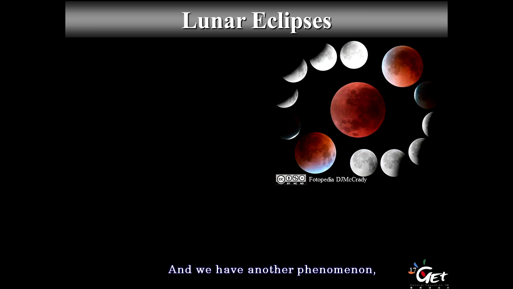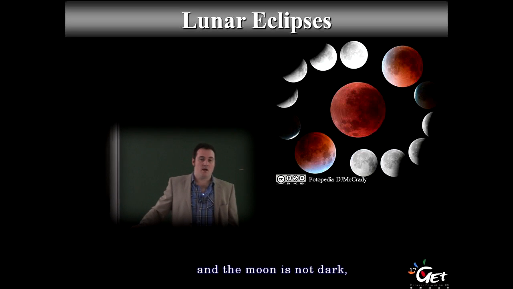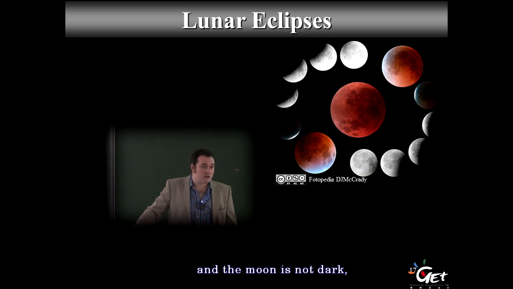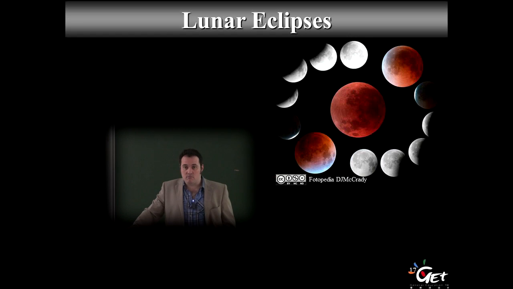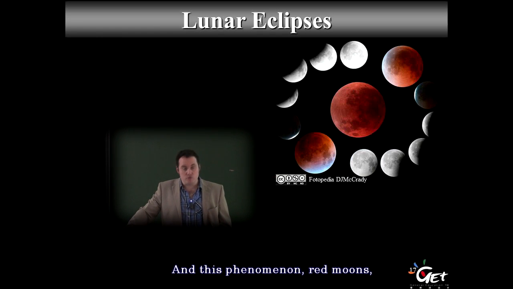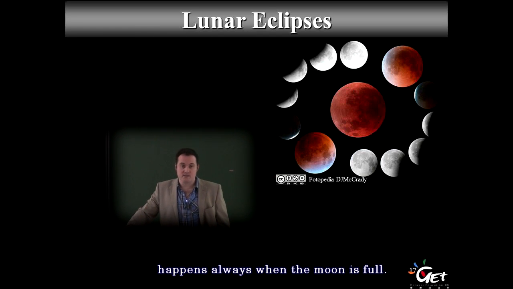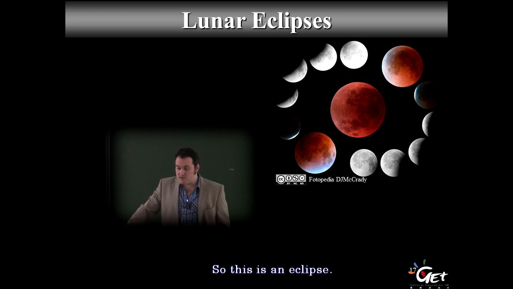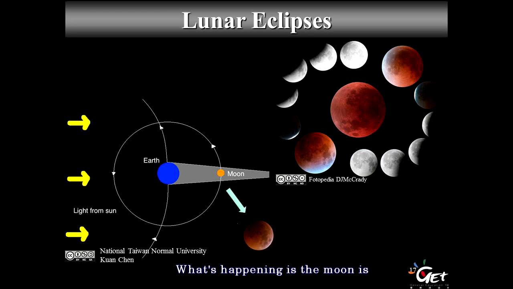And we have another phenomenon, called a lunar eclipse. So sometimes you look at the moon, and the moon is not dark, it's actually red. And this phenomenon, red moons, always happens when the moon is full. So this is an eclipse. What's happening is the moon is entering the shadow projection of the Earth.